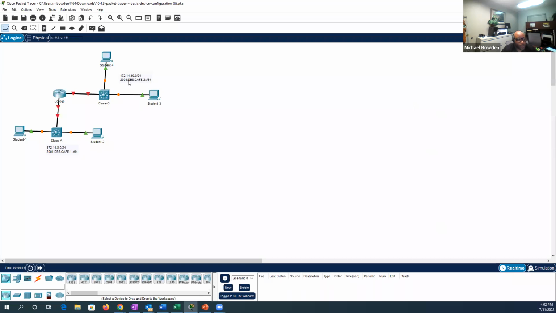So just so everyone's on the same page, Mike and I were talking about Packet Tracer 10.4.3, and hopefully you can see it on my screen. With 10.4.3, it's one of those Packet Tracers where you can get one of, I think, 3 or 4 different topologies.